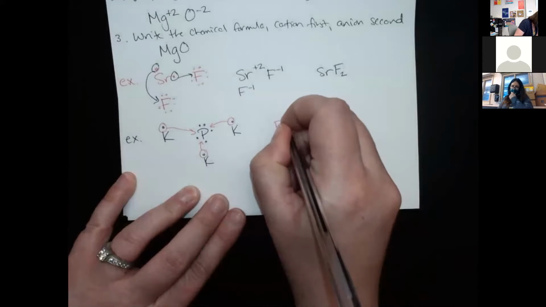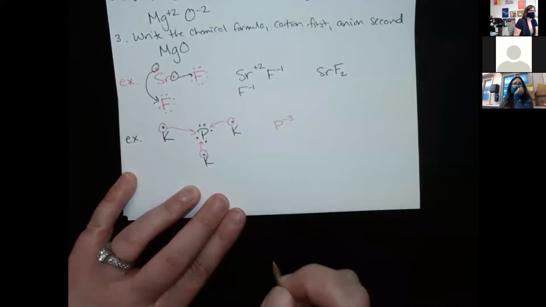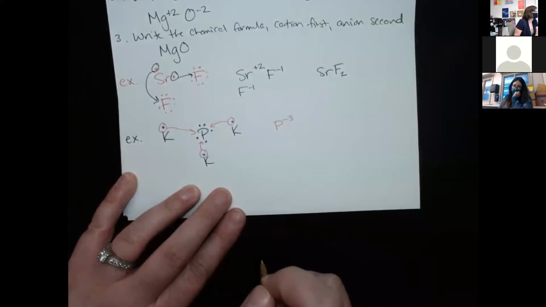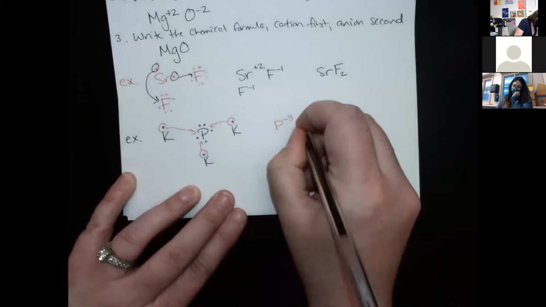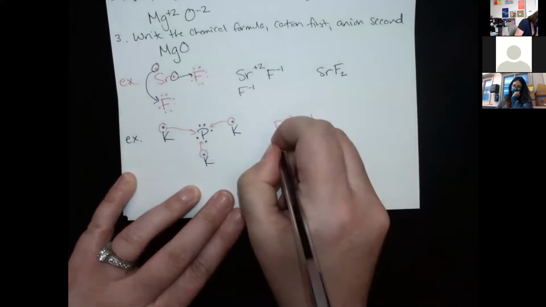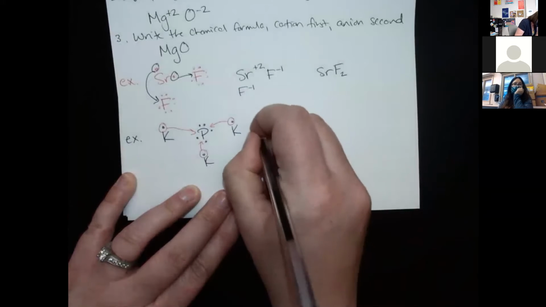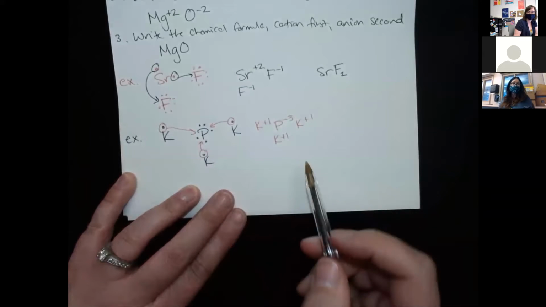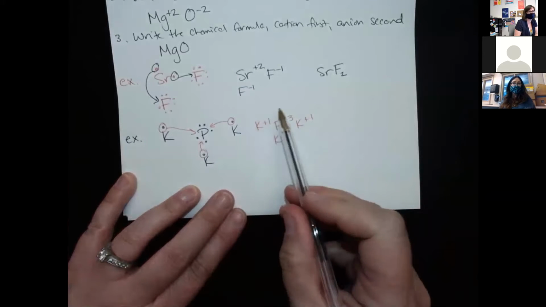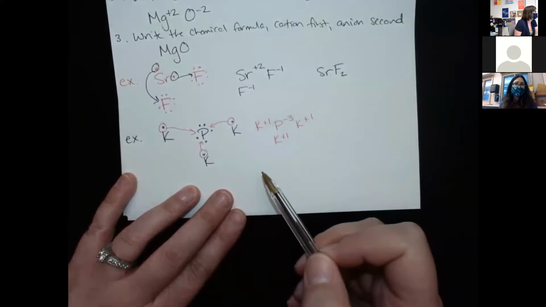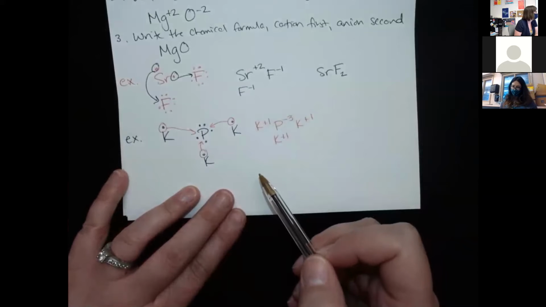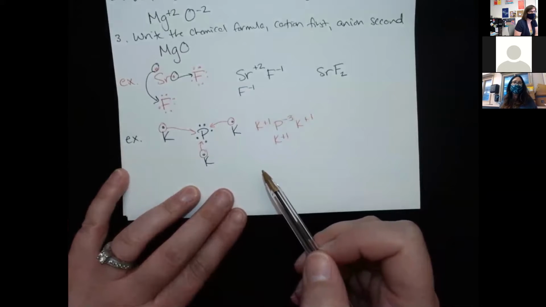So P had a -3 because it got 3 extra negative electrons. And each potassium had a +1 because each potassium lost 1. And again, I'm drawing the potassiums kind of surrounding the phosphorus because that's what would happen for the chemical. Because opposite charges attract.